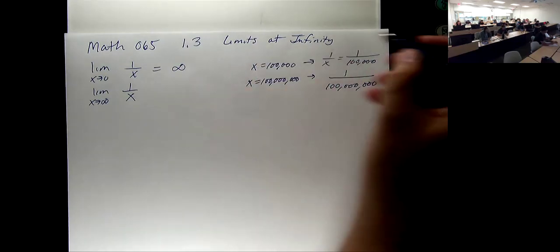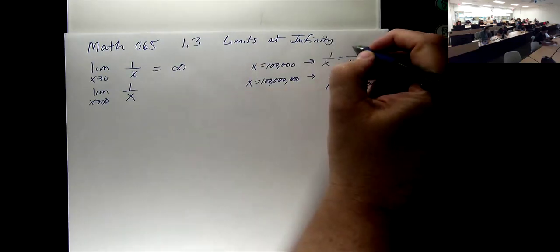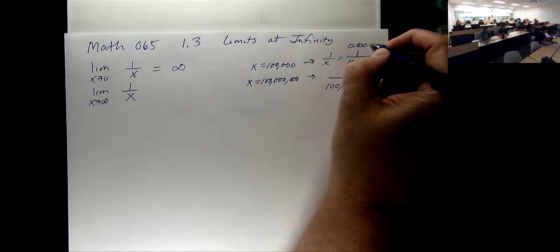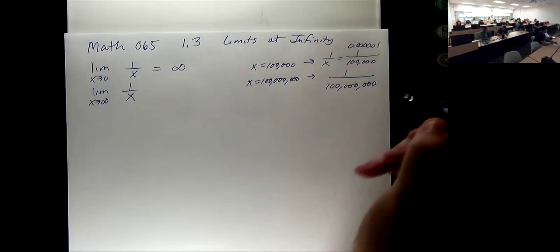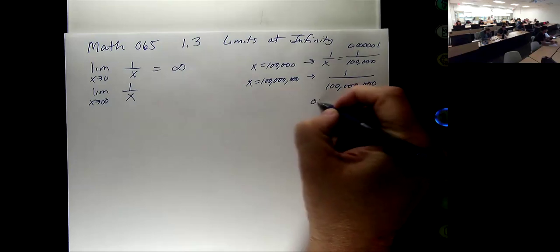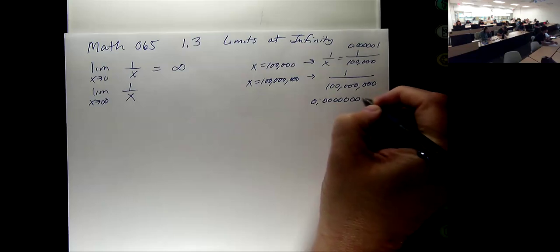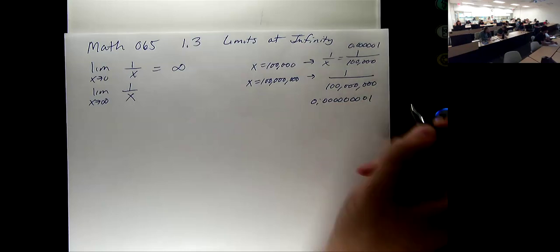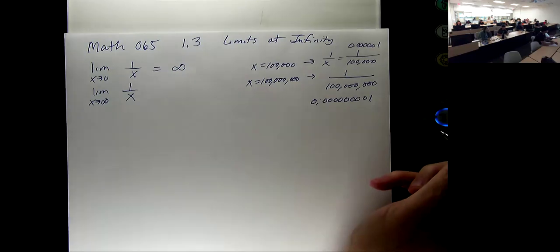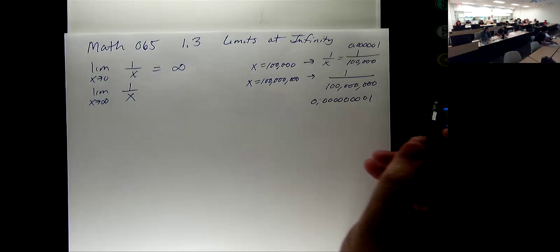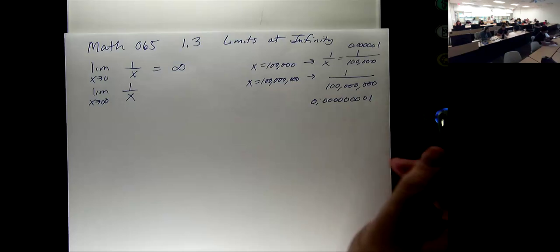And this first one here is 0.000001. This one, if we throw it in a calculator, we've got 8 zeros, 7, 8, and then 1. Wait, I might be off by 1. I might have put down 1 too many.